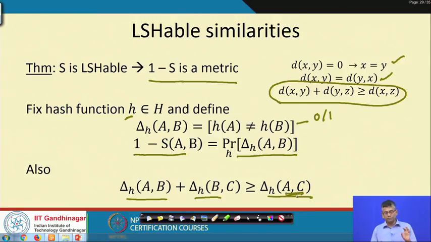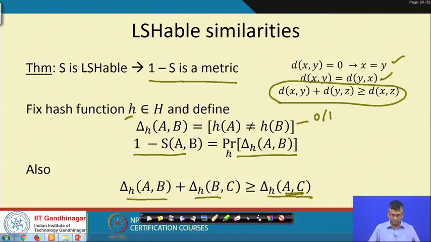Suppose h(A) is not equal to h(C). Then it must be the case that either h(A) is not equal to h(B), or h(B) is not equal to h(C). Which means that if this right hand side, delta_h(A,C), is equal to 1, then one of the left hand side random variables must also become 1, which means that the triangle inequality is satisfied by these random variables.